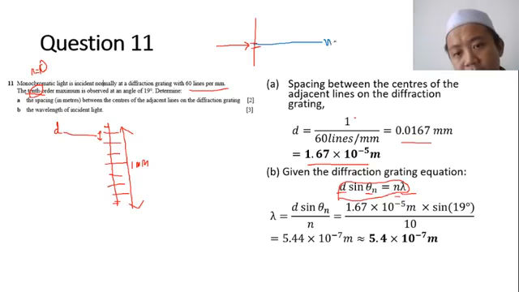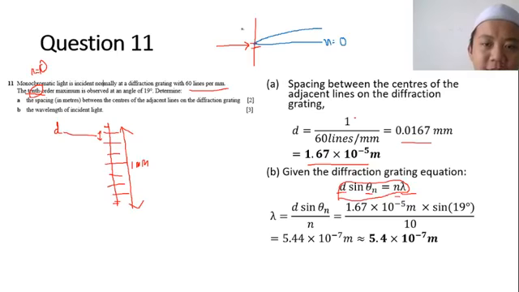My laptop dah mula unresponsive dah kat sini. So this is n equals to 0. n1 happens at angle theta 1. n2 happens at angle theta 2, and then sampailah theta 10. So this is n equals to 10. You get the picture.